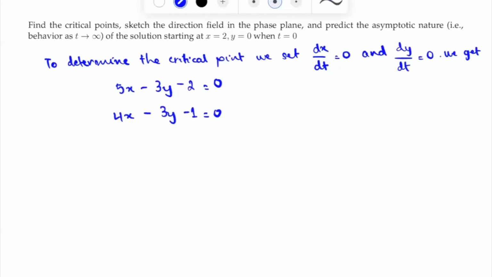Now you can use either the substitution method or the elimination method. If you notice, if you subtract the second equation from the first equation, so equation 1 minus equation 2, we get x minus 1 equal to 0, or x equal to 1.